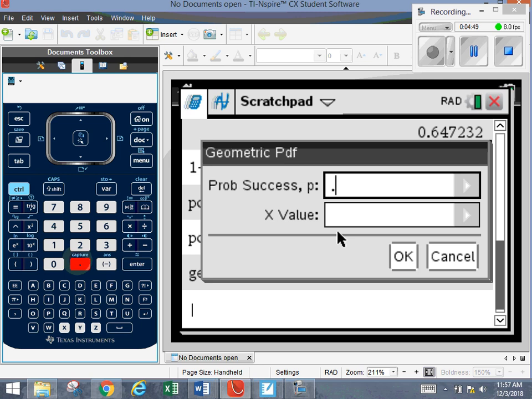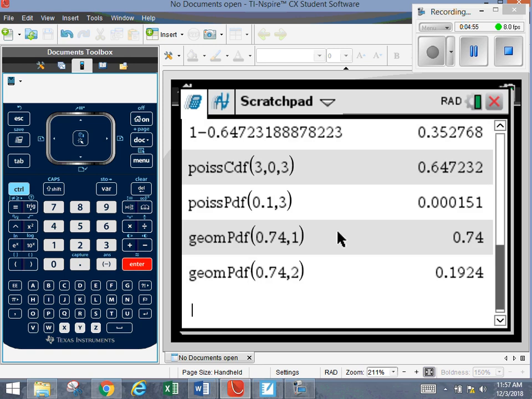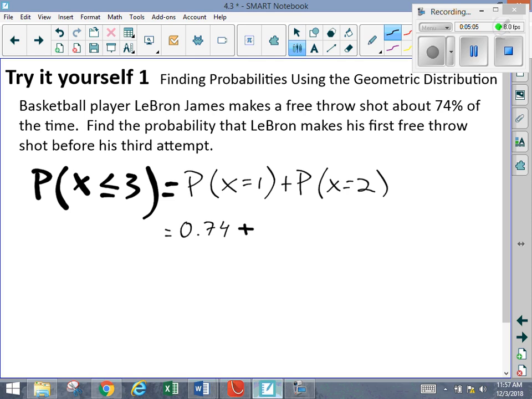And now probability of success is still the same, but the X value is 2. Probability he makes it on the second shot. It turns out to be 0.19 approximately, right?